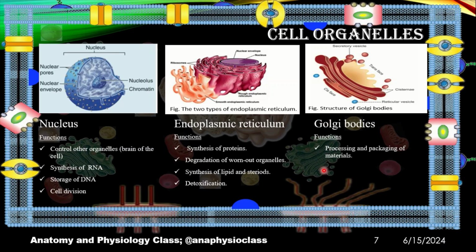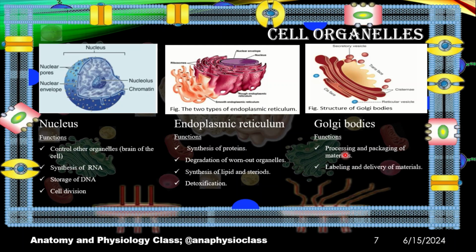Now Golgi apparatus will process them. If they need any modification, it will modify them. That is the processing. Then packaging, it will put them inside secretory vesicles. Look, these are the secretory vesicles that the Golgi apparatus packages substances in. So processing and packaging of materials.